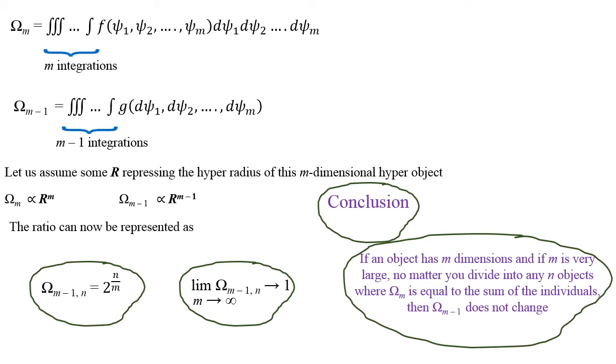You do not need to worry about the complexity of this formula. Psi 1, psi 2, psi 3 to psi m will be the coordinate system. It doesn't matter which type of coordinate system we use, but there is one important point here.